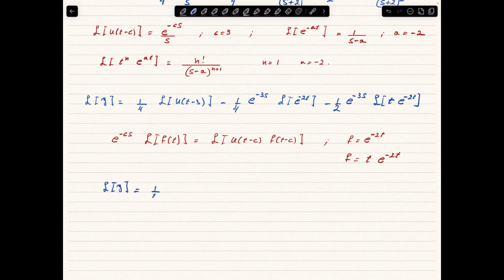is 1/4 the Laplace transform of the step.